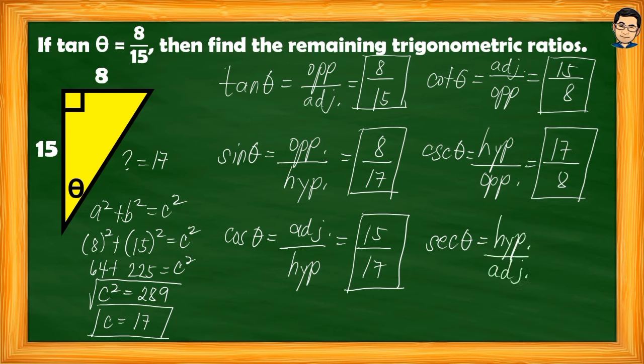So maganda na sinusulat natin yung mga ganyan para at least guided tayo. Mga adjacent over hypotenuse, opposite over hypotenuse, yung mga ganyan. So hypotenuse is 17, then adjacent side is 15. So therefore, secant theta is equal to 17 over 15. So there you go. We have identified the 6 trigonometric ratios.